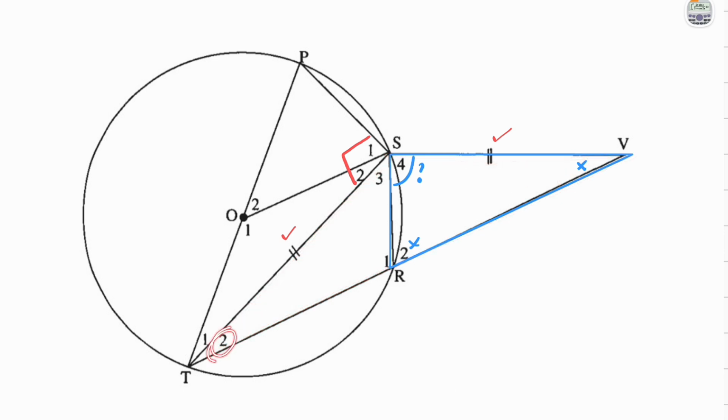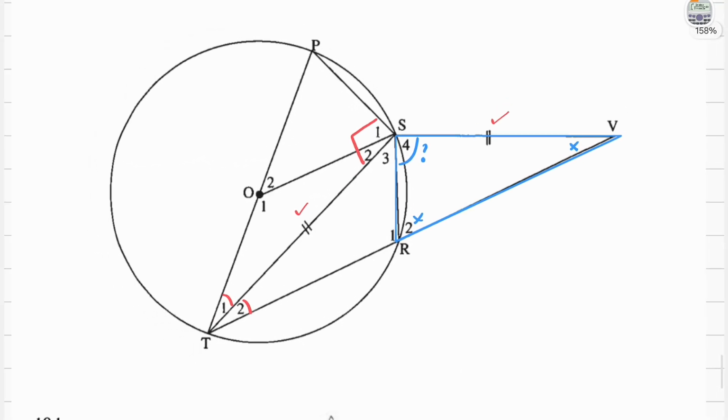Okay, and we also know something about T2. This line ST bisects this angle PTR. When something is bisected, it is cut into two equal parts. So if this is cutting this angle, then angle T2 is equal to angle T1. So we'll keep that in mind, and let's go ahead and start off there.